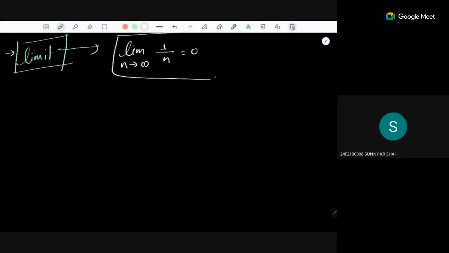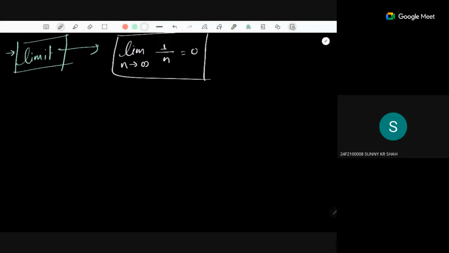Using that epsilon-N definition, we computed this limit: limit as n goes to infinity of 1 by n is equal to 0. Now, whatever sequence we have, we try to convert that sequence into this particular form and find the limit. What is the meaning of the limit of a sequence?